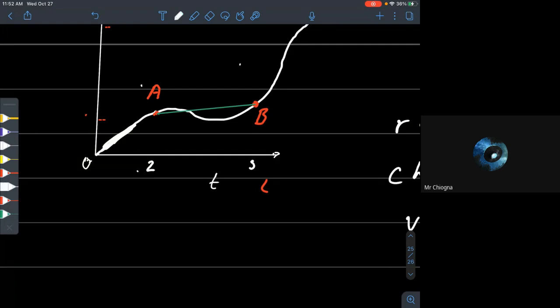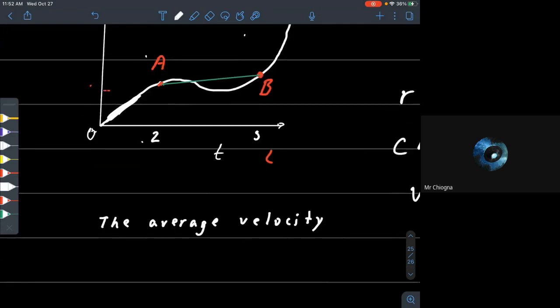So let's write that down. The average velocity, and it's always going to be between 2 points in time, in this case 2 and 5 seconds. You'd calculate it the same way as you would the constant velocity.